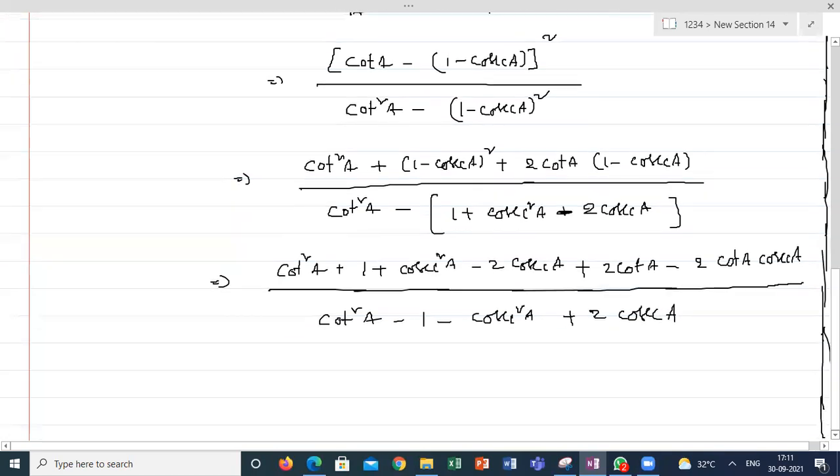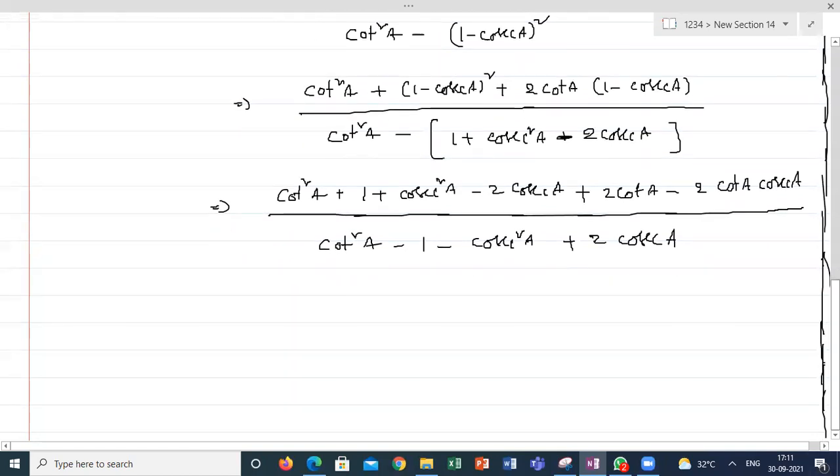So after this, what substitutions can I make from here, students? Which formula can I apply here? Looking at cosecant square A minus 2 cosecant A minus 2 cot A and cot square A plus 1, what is the value of 1 plus cot square A?